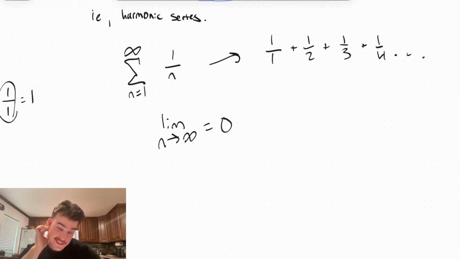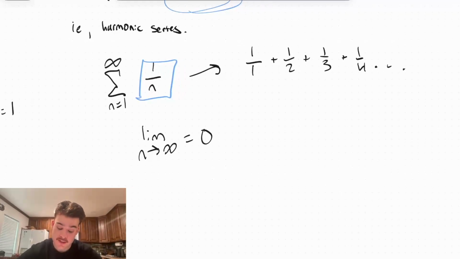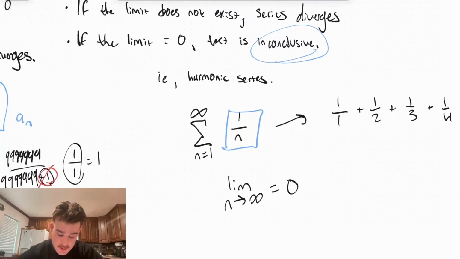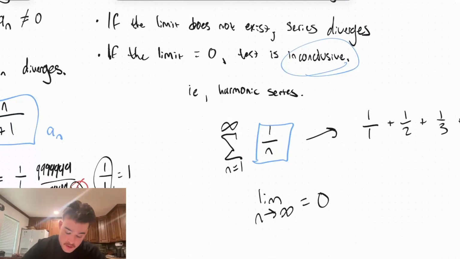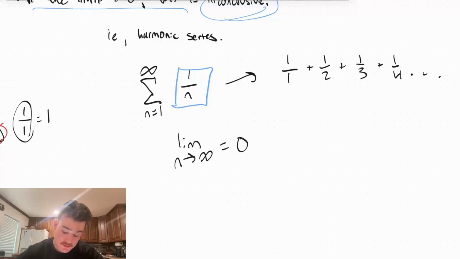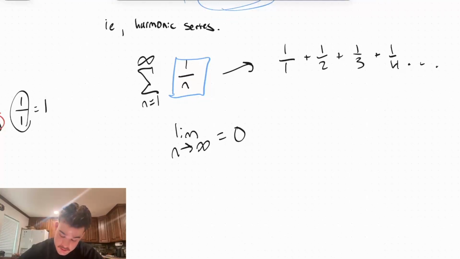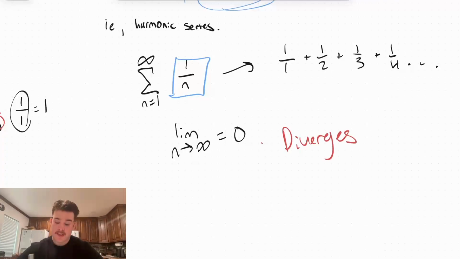But for reasons we can get into, the harmonic series actually does diverge, and it does not converge. So this is a good example of the third rule: if the limit equals 0, the test is inconclusive. For this harmonic series, the limit as n goes to infinity does equal 0, but the series does in fact diverge. So that's just one example of where this test is inconclusive and the series in fact diverges.